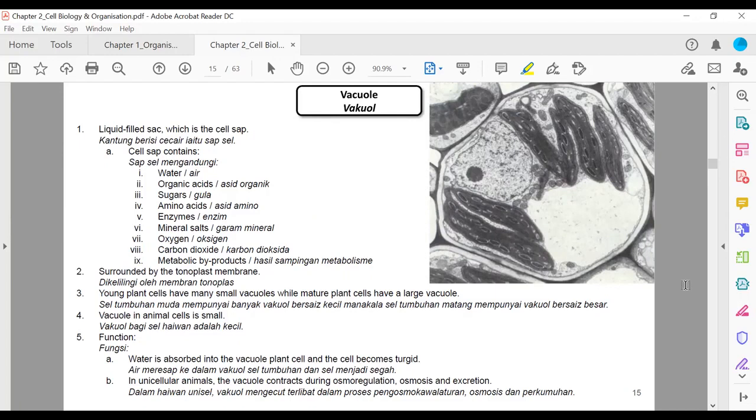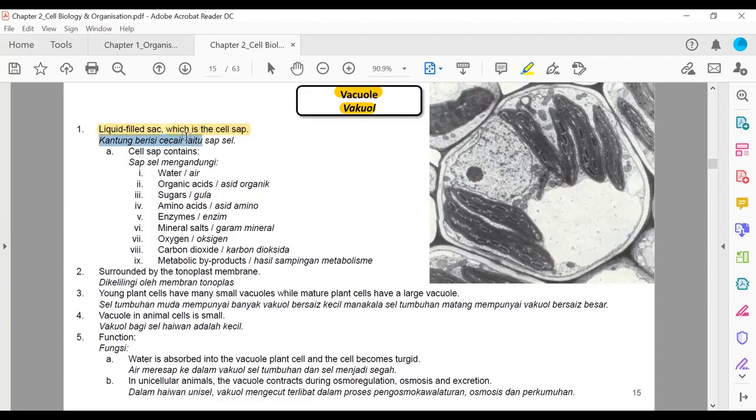And this time, this organelle is found inside the plant cell. Animal cells don't have it. Kalau ada pun, very, very small size. Vacuole, right? Okay, vacuole. A liquid filled sac, which is the cell sap.